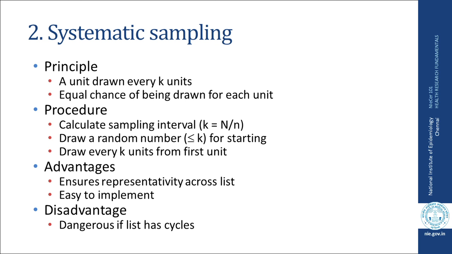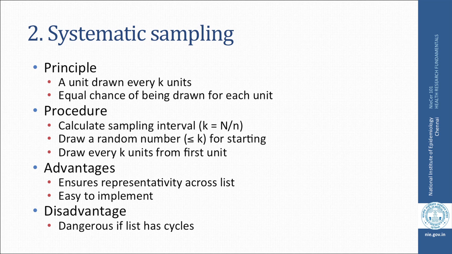So, a unit is drawn and then every kth unit, with an equal chance of being selected for each unit. You calculate the sampling interval called k, which is N divided by n, the sample size that you require, and you draw a random number less than or equal to k for starting, and draw every kth unit from the first unit.